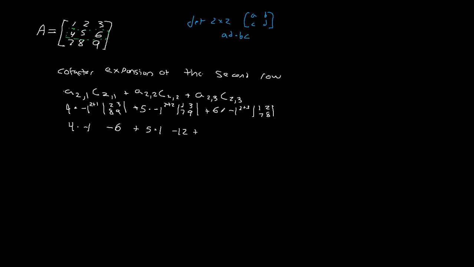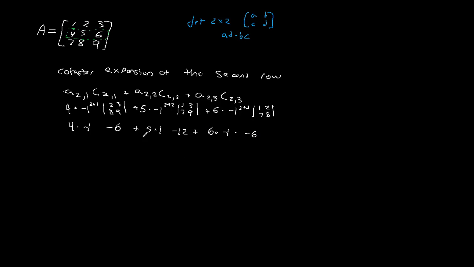Plus, okay, so then we're going to do 6 times -1 to the 5th power, which is -1, times the determinant of this matrix, which is -6 as well.